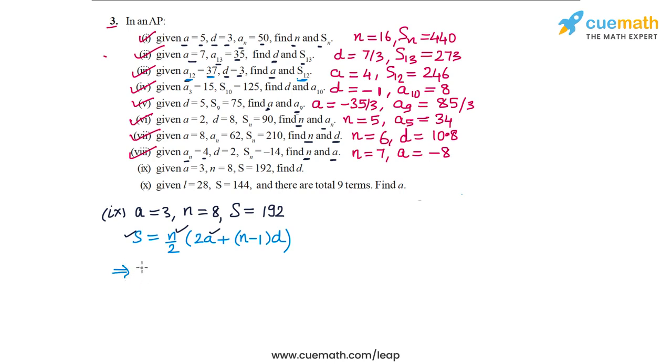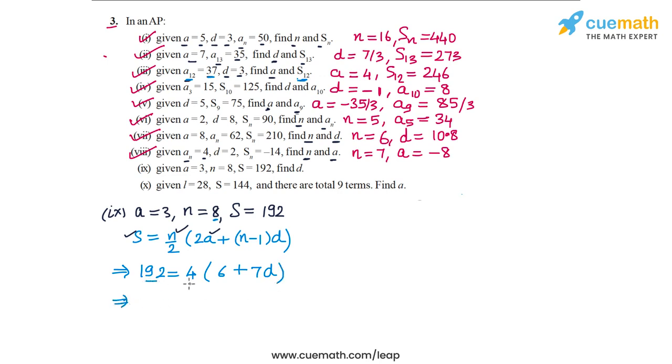So what do we get? We get 192 is equal to n by 2, 8 by 2, that's 4, into 2a, so a is 3, so 2a is 6, plus n minus 1 into d, so n is 8, so n minus 1 is 7, so 7d.